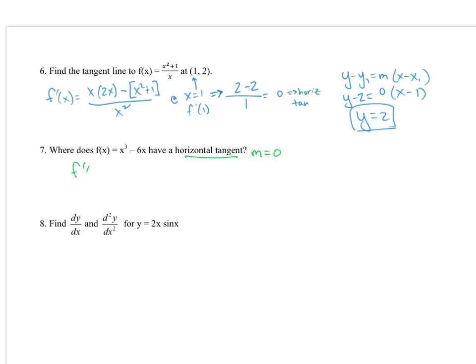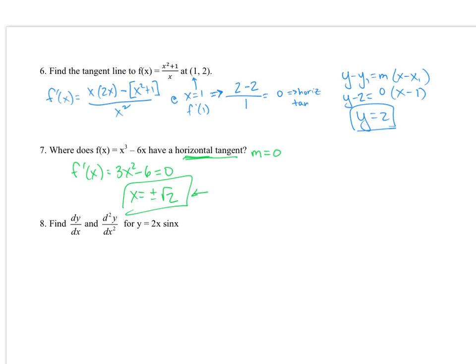So let's take the derivative, and I'll end up with 3x squared minus 6. I want to know where this is going to be 0. In this case, I could simply solve it. You could take a 3 out, subtract the 6 over, then divide by 3. It doesn't matter how you solve it, but you're going to get x equals plus or minus the square root of 2. These are the two values where this equation has a horizontal tangent.